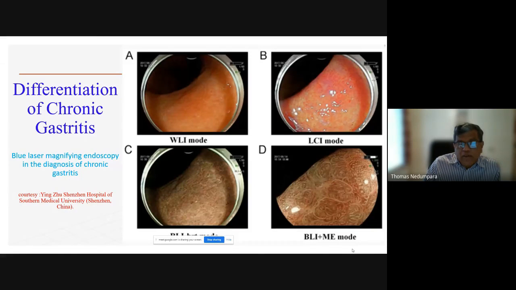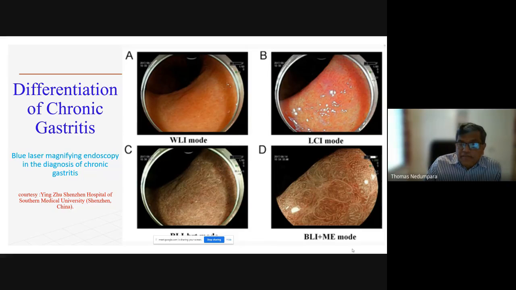Because chronic gastritis can be of different types. For example, if there are 1,000 people with chronic gastritis, 10% will develop what you call intestinal metaplasia, which means the stomach lining modifies into an intestinal type of lining, which is a pre-malignant process.